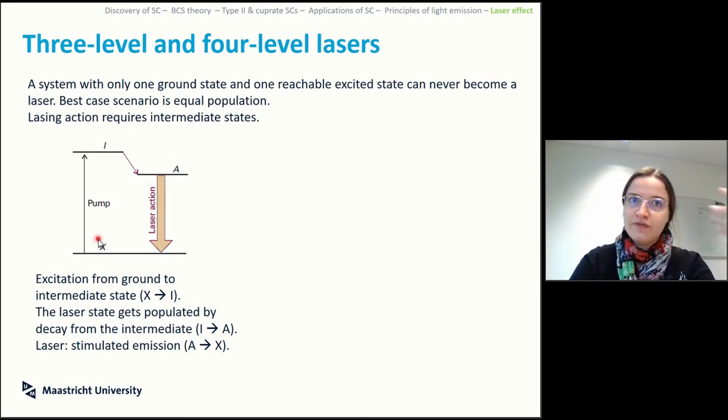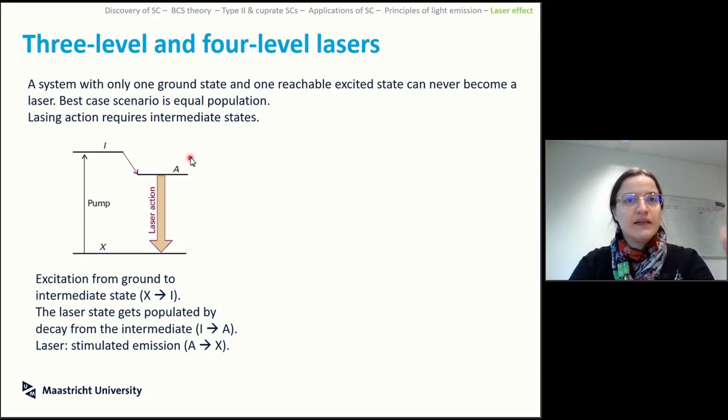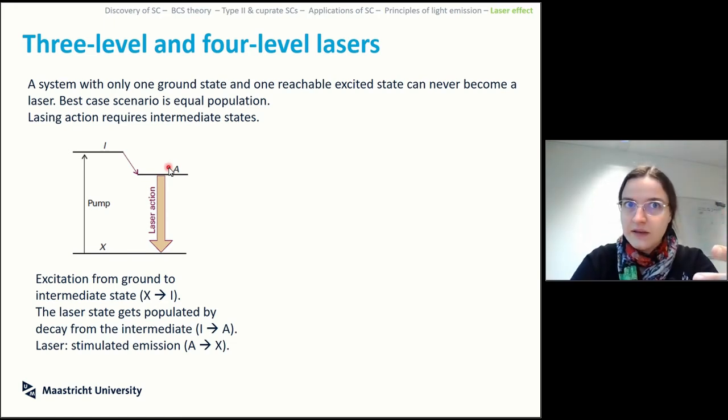The normal physical process of I excite and then I relax is available, but it doesn't relax down to the ground state, it relaxes down to an intermediate state. Now that intermediate state is the one that will cause you a laser emission at some point, and since it got populated, you will have a population here that is incredibly higher and will just emit radiation all at the same time, and everything will go back into the ground state.